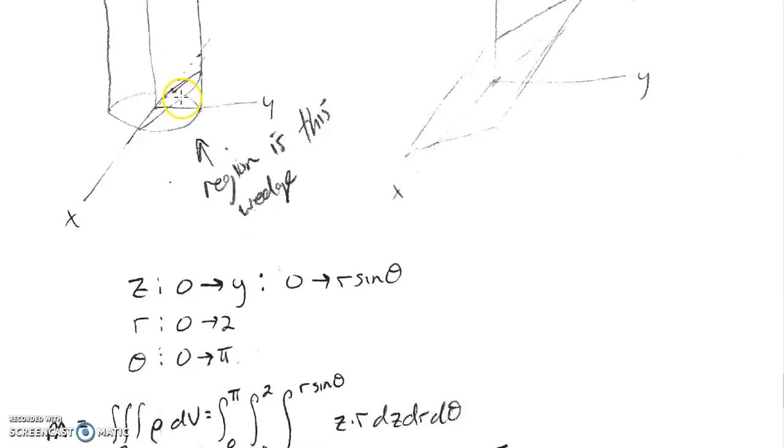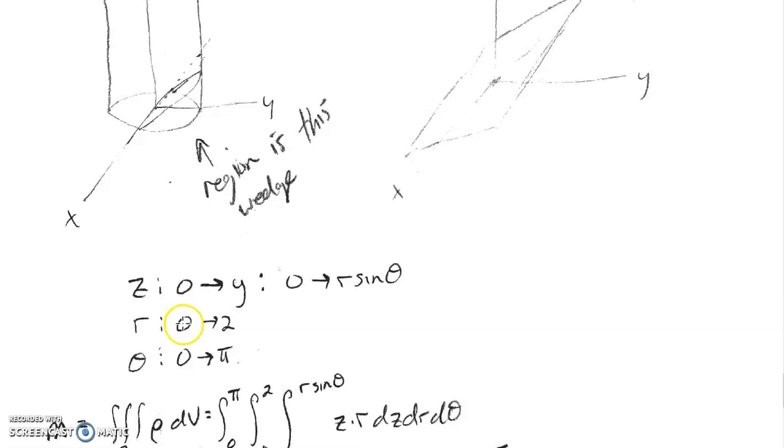Then it goes up until it hits this plane right here. Well, that is y. Remember, z equals f of xy. What is f of xy? It's just y. So I go from z equals 0 up to z equals y. That hits the plane. And then I'm going to do that within this cylinder.